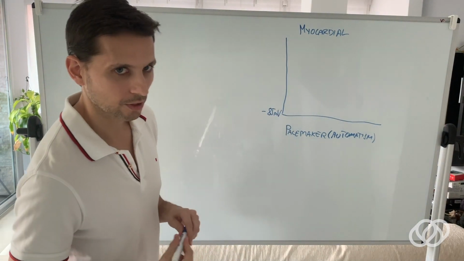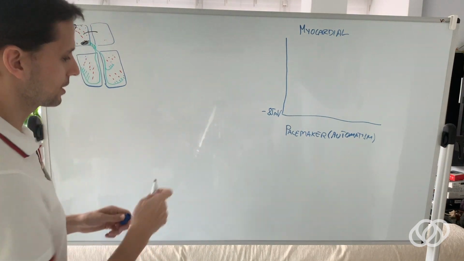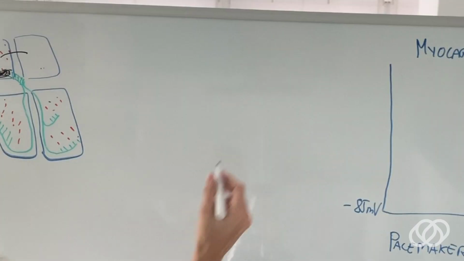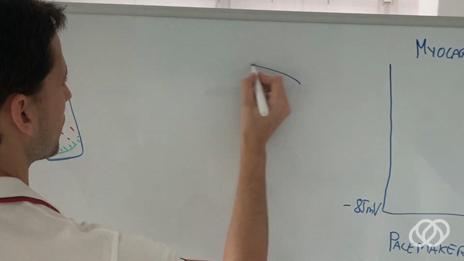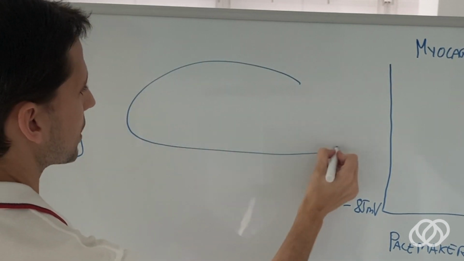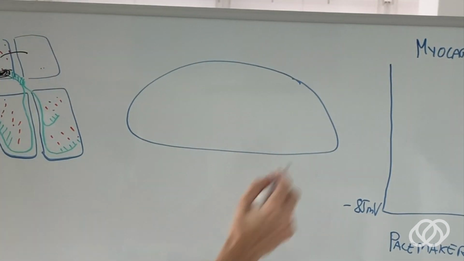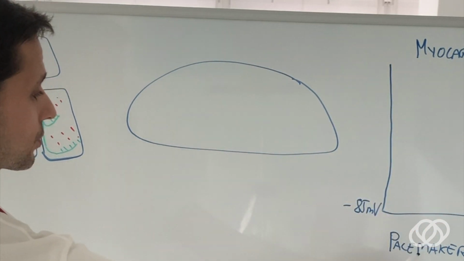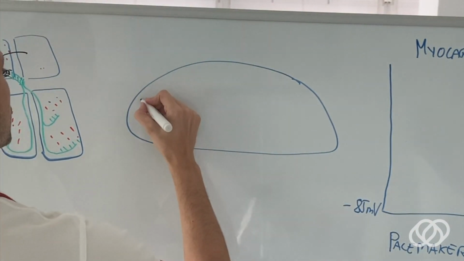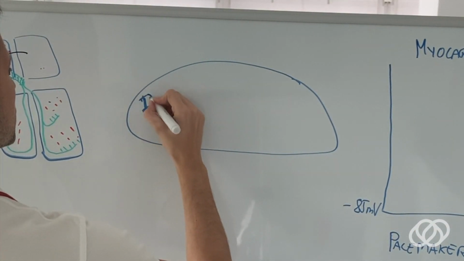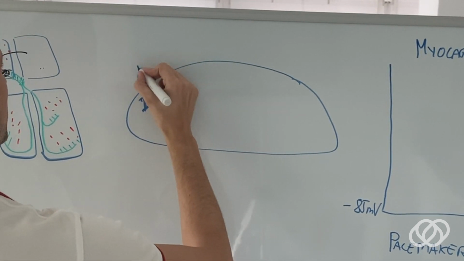Okay, and this is because of what we are going to see here now. We are going to represent a cell of the heart. Doesn't matter whether it's a cell of the myocardial part or the conduction system. We will have here the interior part of the cell. We will have the exterior part of the cell.